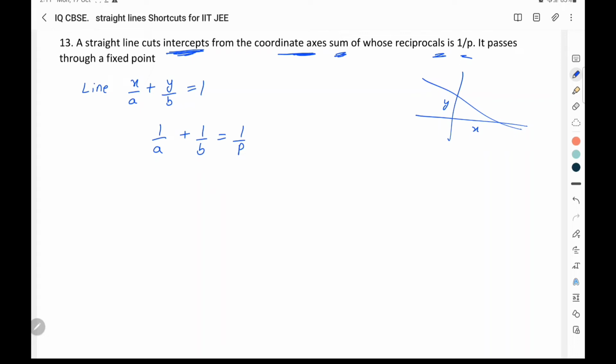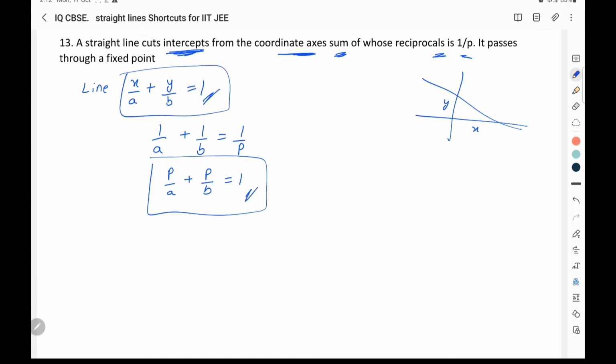I am pulling that p to the LHS so that from the denominator it goes to the numerator, right? P by a plus p by b is equal to 1. Now the constant terms are the same. So now we start comparing this. So x value I will get p and y value also p.